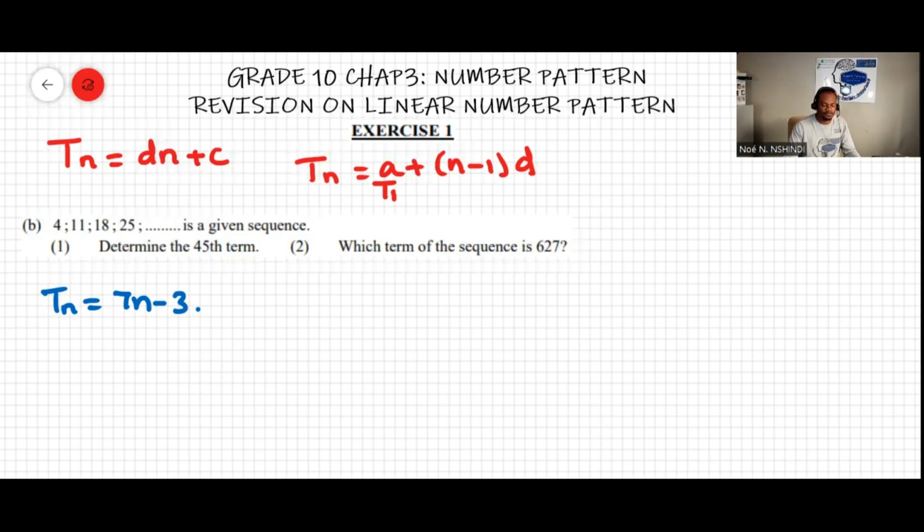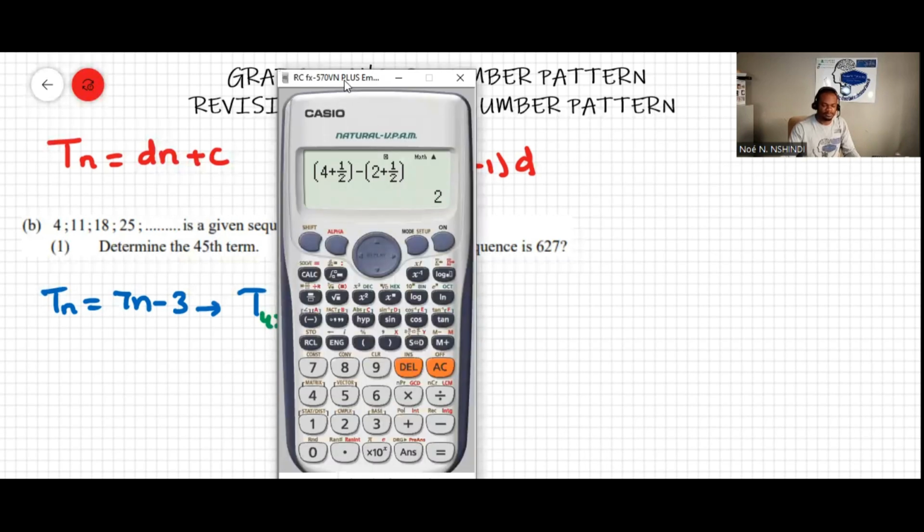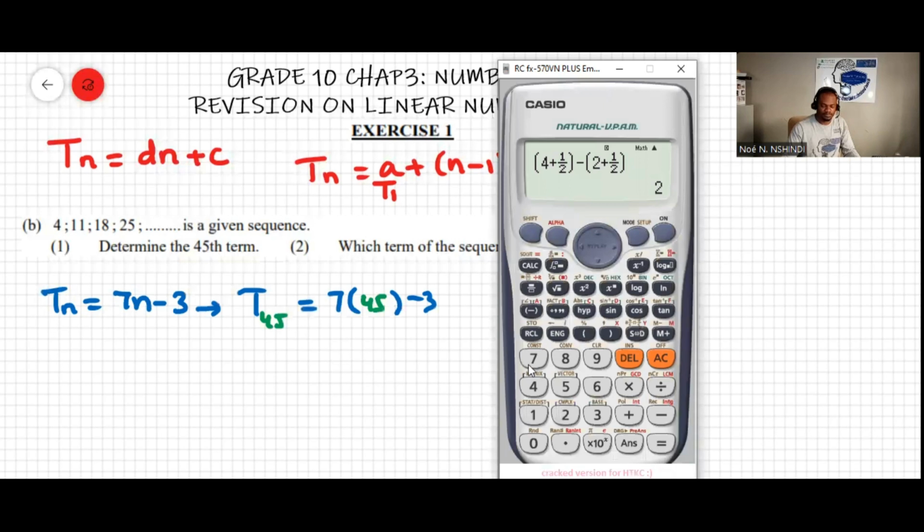Then determine the 45th term. It means T45, so 7n minus 3. We sub 45 for n. Now this in the calculator will be 7 open bracket 45 close bracket minus 3, and then hit equal.